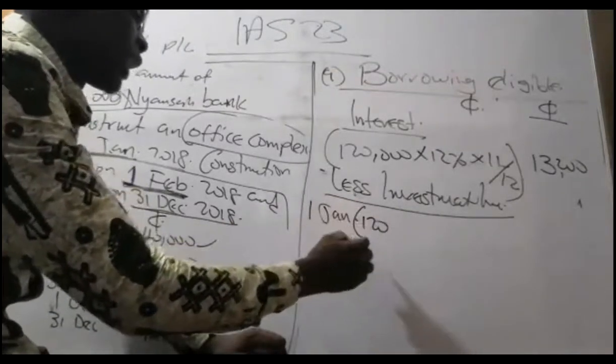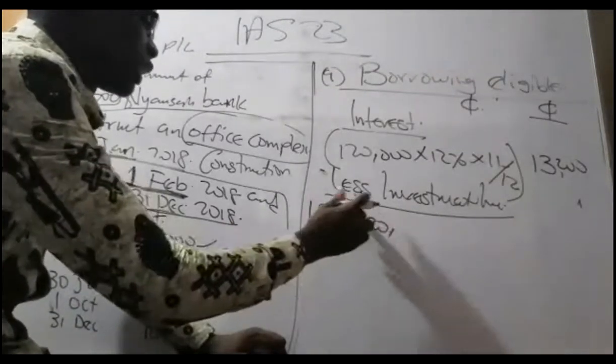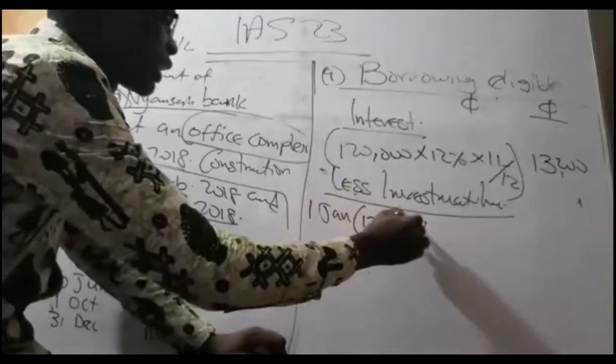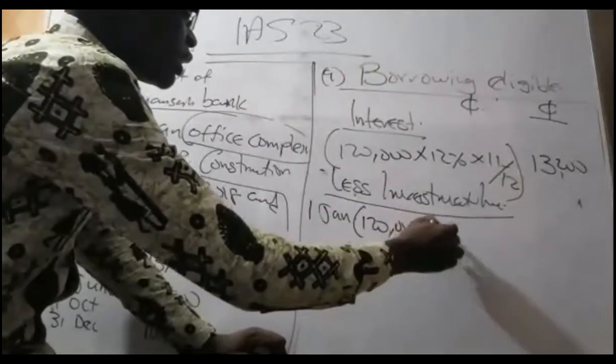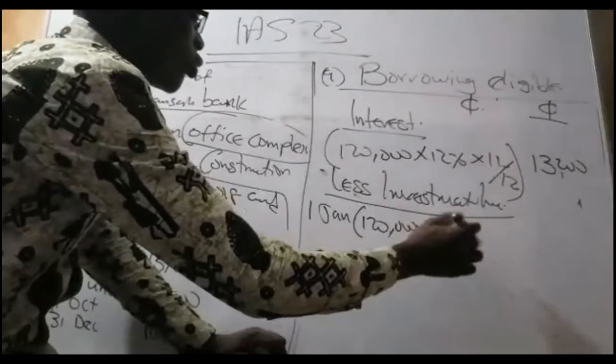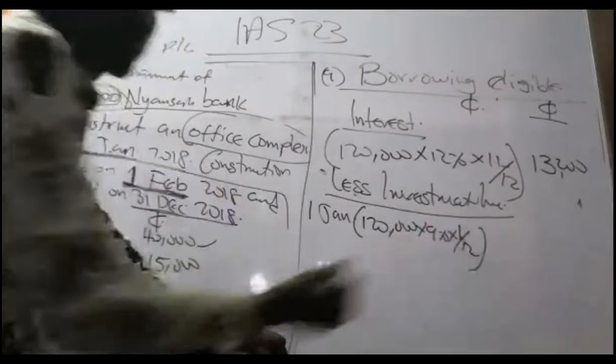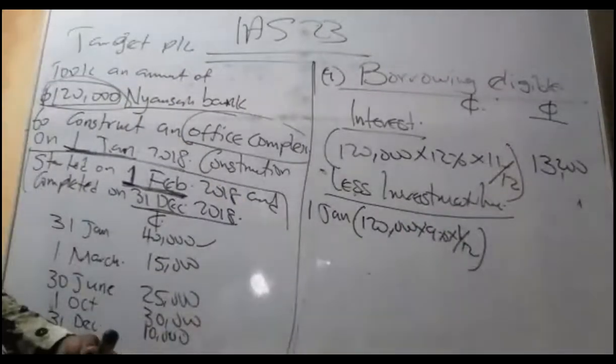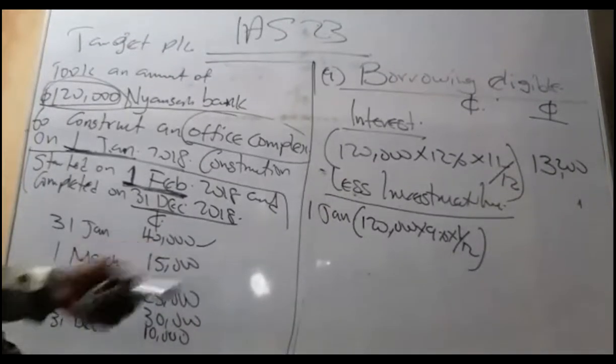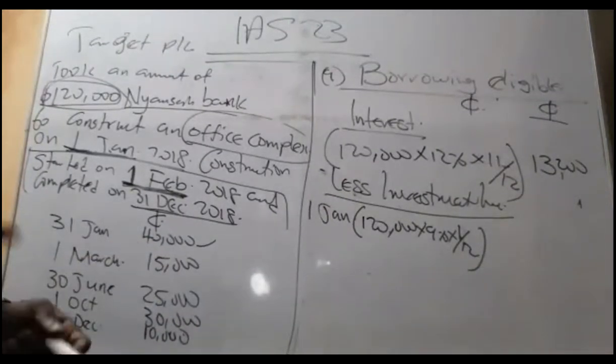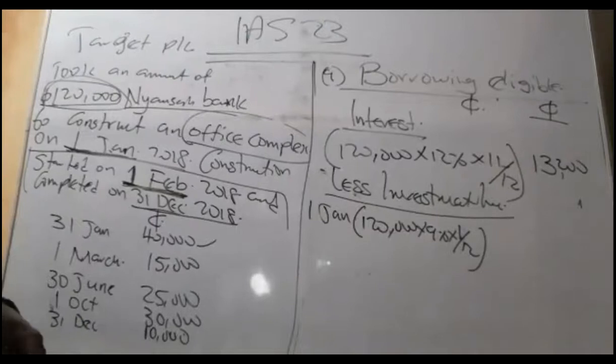So on 1st January, you invested the entire 120,000. So do your bracket like this. 120,000 times 9% times how many? 1 out of 12, because you are going to invest for how many months? Just 1 month. This is where the heartbeat is. You invest for 1 month, right? Good.